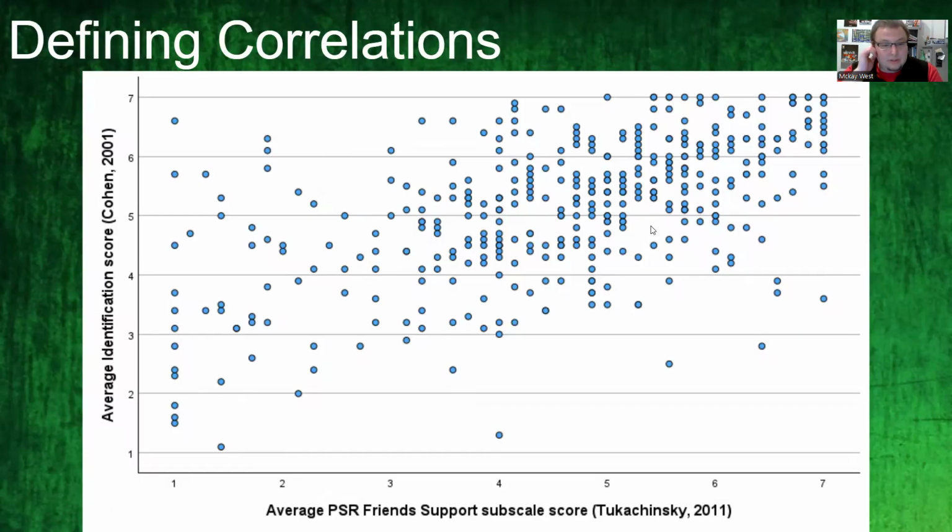Well, up front, before I even put the line I'm going to put on this on the next slide, notice how as one variable goes higher here, we go from left to right, the other variable down to up also seems to be getting higher, that these dots are moving in a pattern that kind of looks like this. That shows us that there's a relationship between these variables, a correlation to be specific.